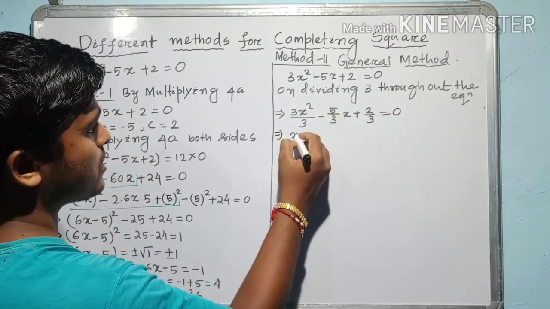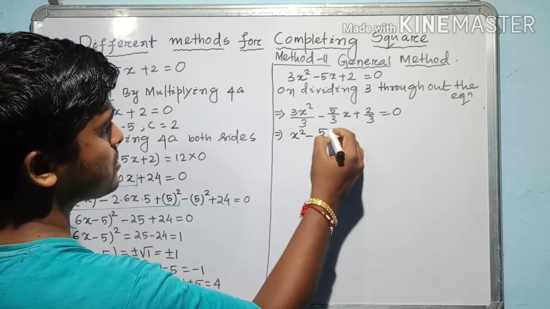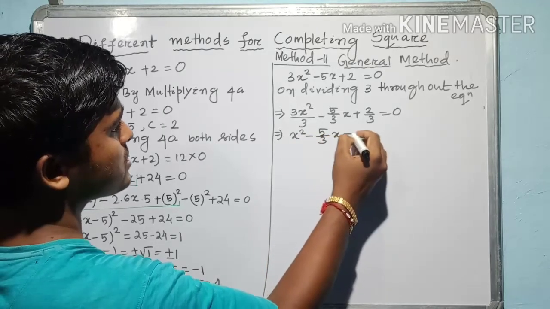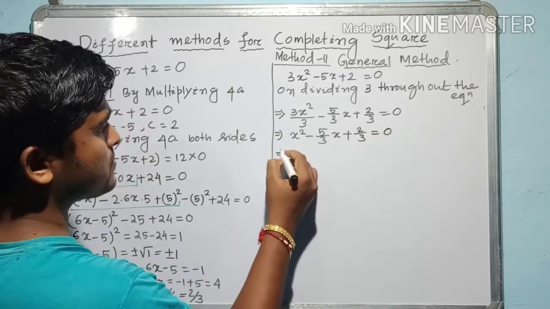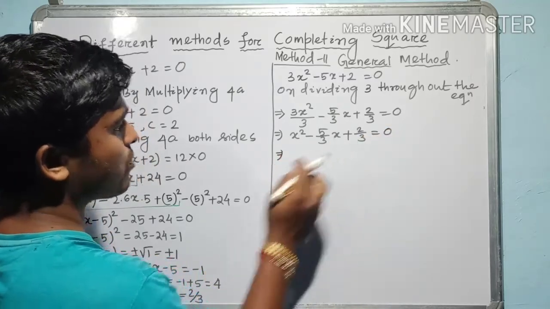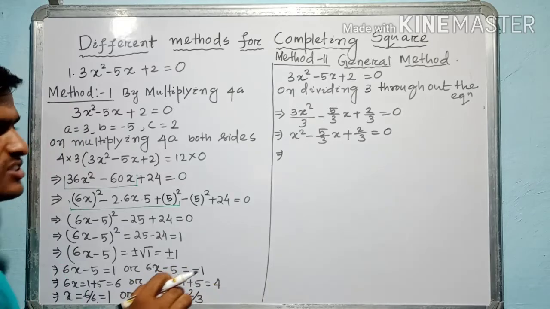This implies it will be x square minus 5 by 3 x plus 2 by 3 is equal to 0. Now we have to make these two terms into a perfect square expansion.